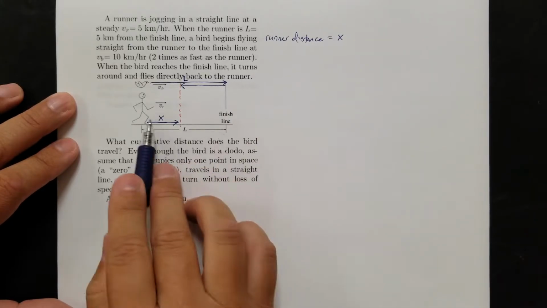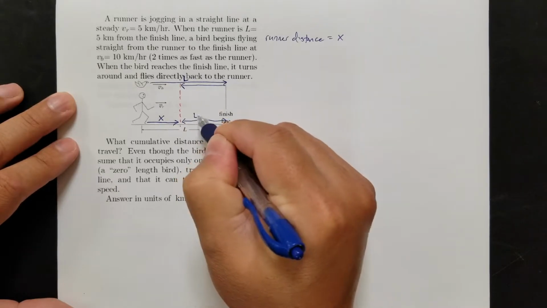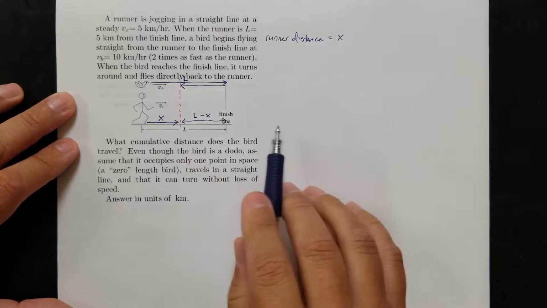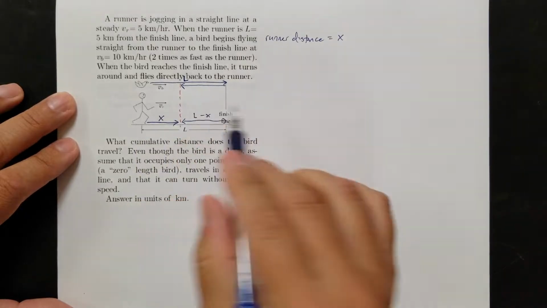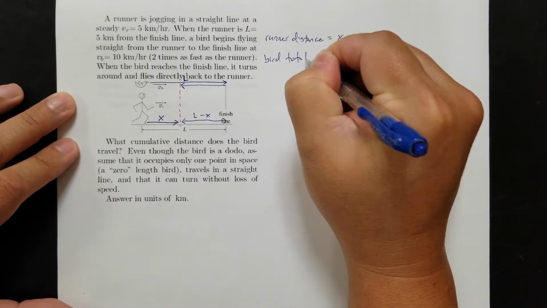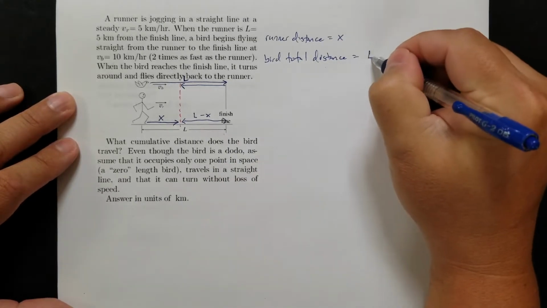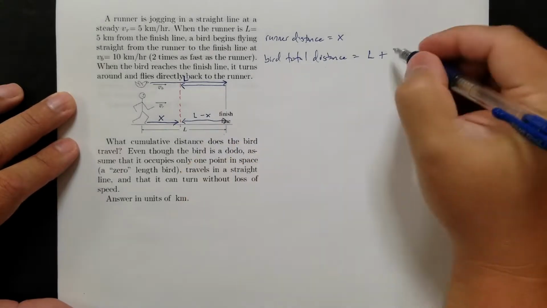So see, here's L, here's X. So this leftover distance here must be L minus X, right? So that's going to be how far the bird runs. So the bird total distance is L plus L minus X.